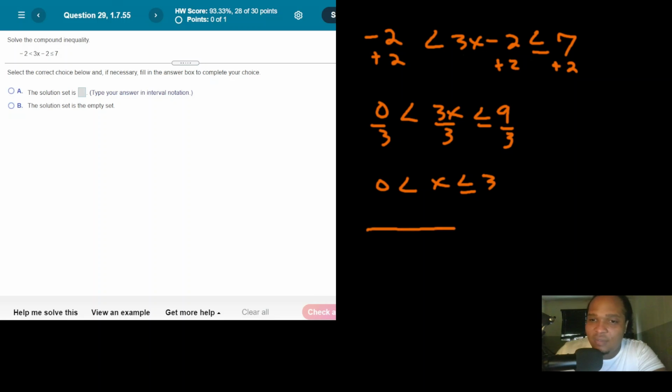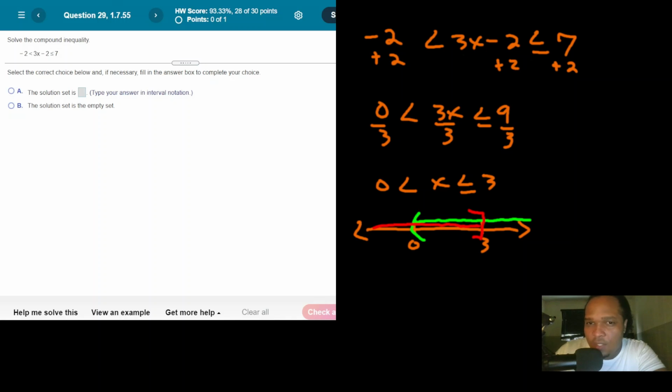We're done. We have our 0. We have our 3, which is over here somewhere. 0 is less than x, so therefore x is greater than 0. So let's shade everything greater than 0. X is less than 3. So let's put a bracket here. And let's put less than 3 going that way.